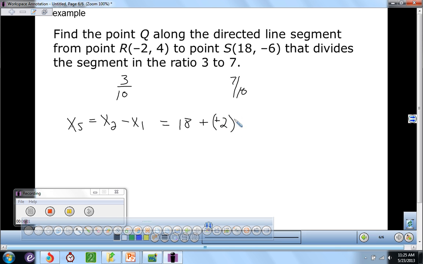So we're going to end up adding, so we get 20. Okay, then the Y's, we'll take the -6 and subtract -4 from it, so we end up with -10.